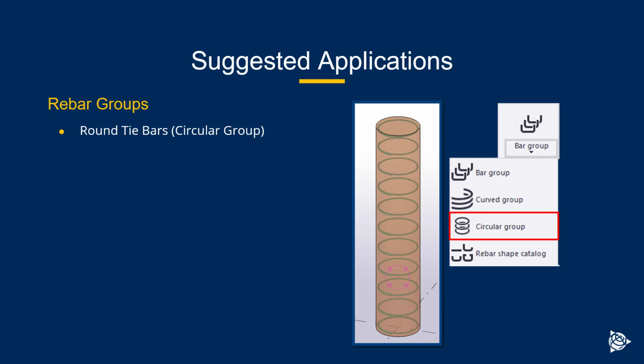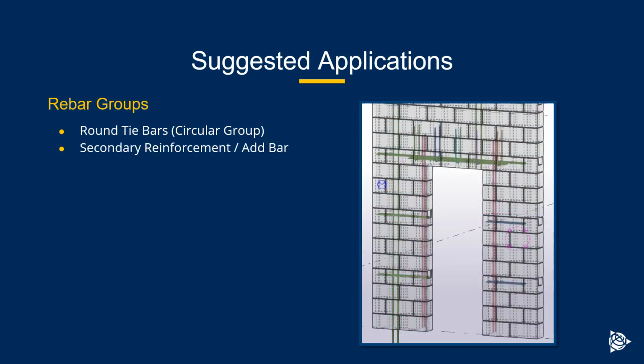Again, this is outside using other components to help you achieve your rebar configuration. I think a really great place for groups is secondary reinforcement or additional bar, especially if it needs to be somewhat independent of the overall geometry of the concrete, or you're doing something like masonry. You are able to add groups or single bars to provide that additional reinforcement. Just make sure to name it such so that you can filter it out pretty easily.